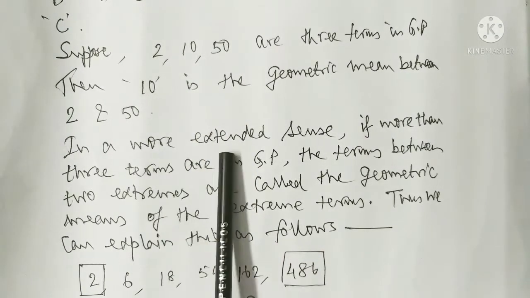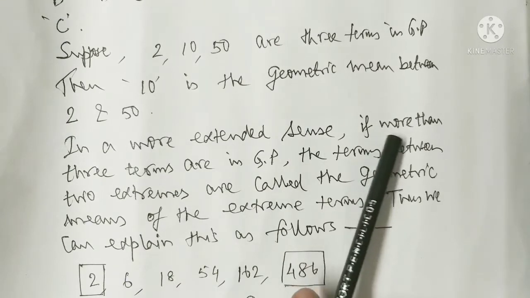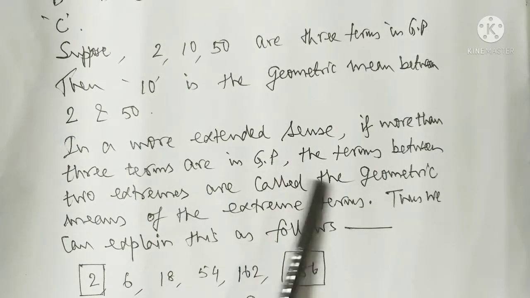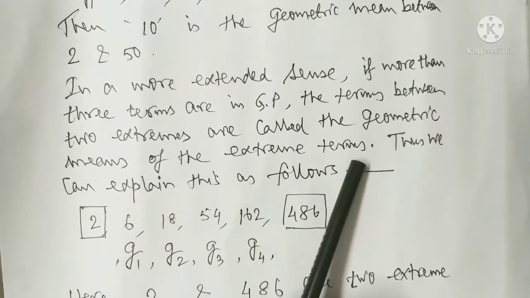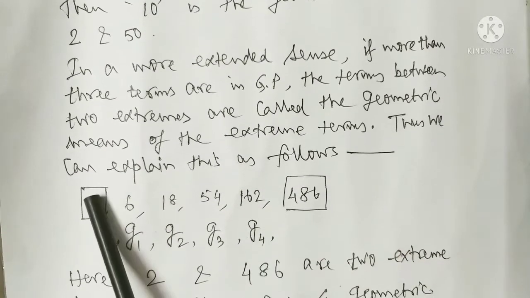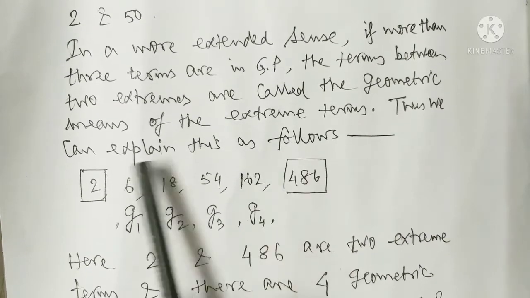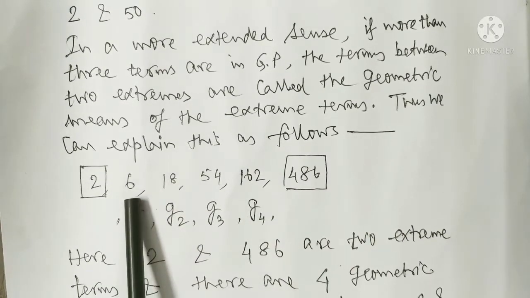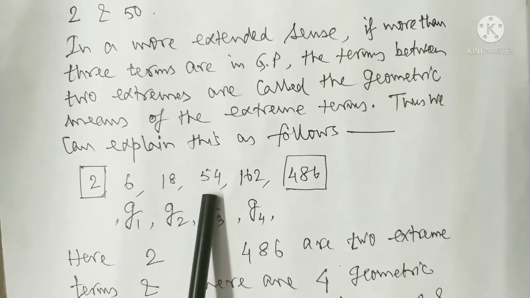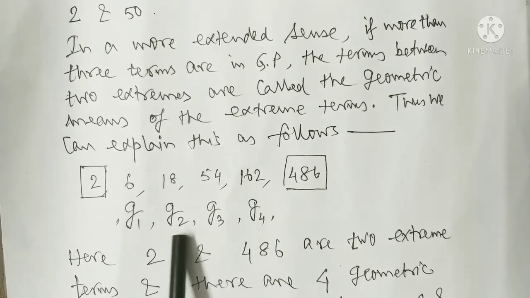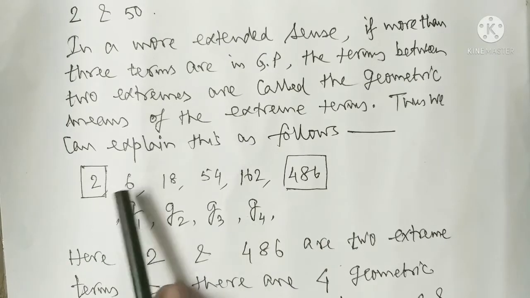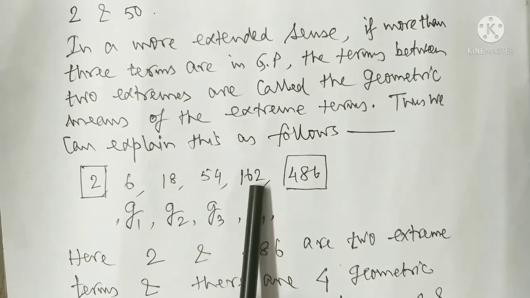In a more extended sense, if more than 3 terms are in GP, then the terms between the two extremes are called the geometric means of the extreme terms. Thus, we can explain this as follows: 2, G1, G2, G3, G4, 486, that is 2, 6, 18, 54, 162, 486.